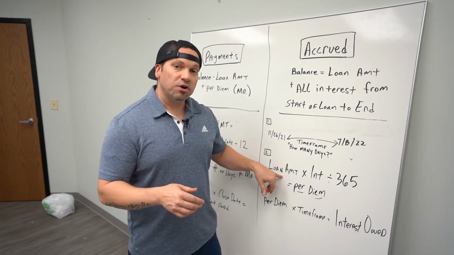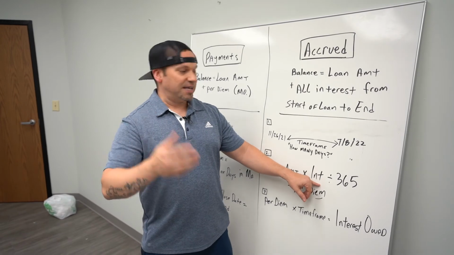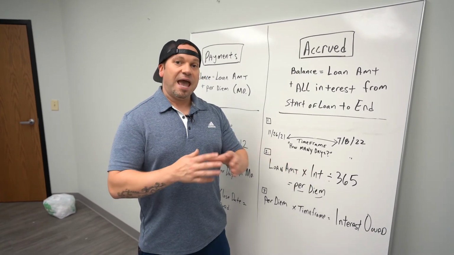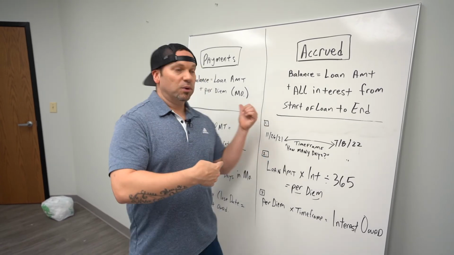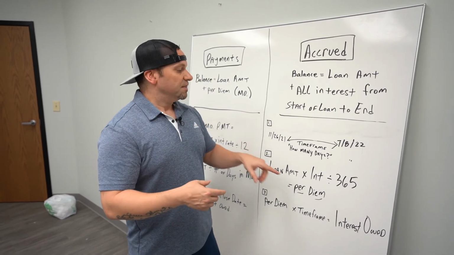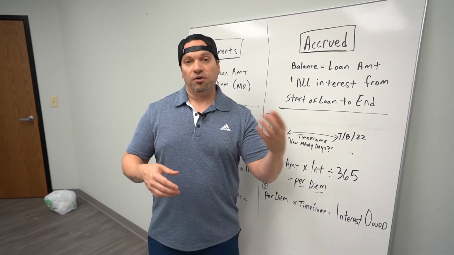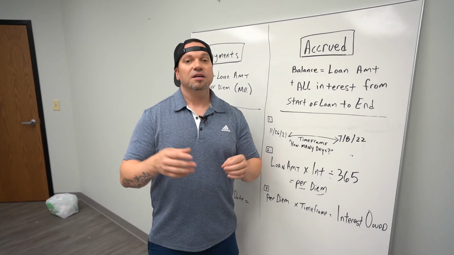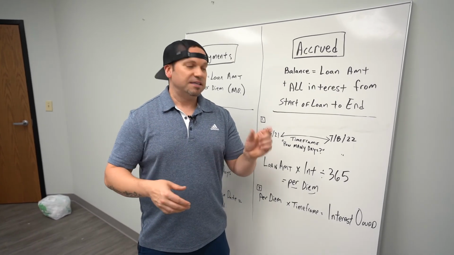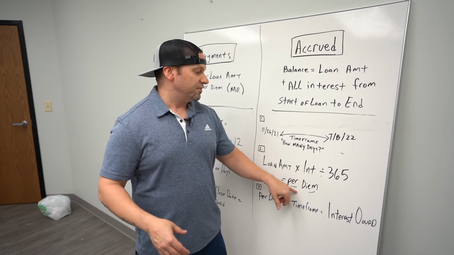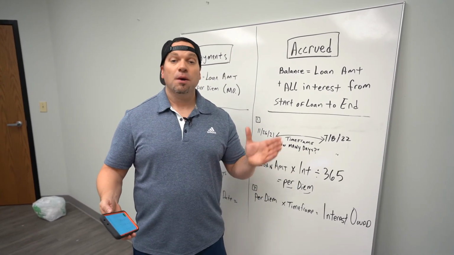So you're going to take your loan amount, let's say it's $100,000, times your interest rate, let's say it's 10%, okay? And in this case, we're not figuring out the monthly payment. Remember how the other one was the monthly per diem? This one, you're going to divide it by 365. So let's pretend we borrowed $100,000 at 10%. You're going to take $100,000 times 10% is $10,000 divided by 365, and that equals $27.40 per day.